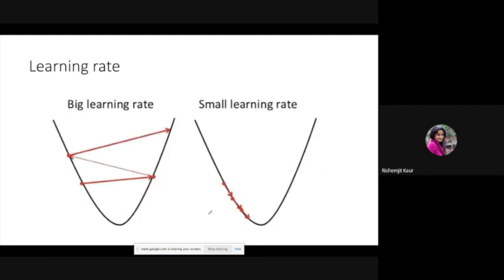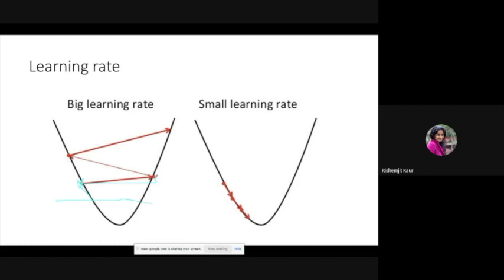And this is mostly how gradient descent works. The very important parameter here is the learning rate. If we set the learning rate to be very high, there is a chance the algorithm may never converge. Let's say we start from here, but we add a very big value to it. Instead of coming here, we kept the learning rate so big that we jumped to this position altogether.